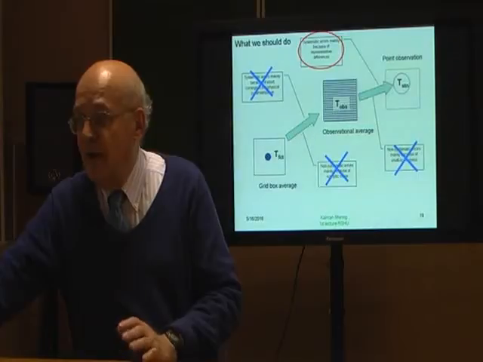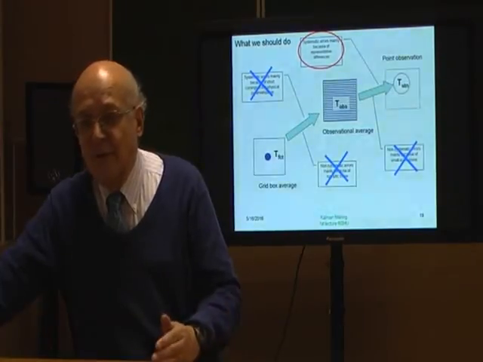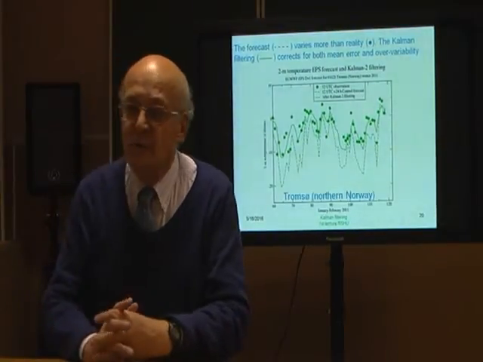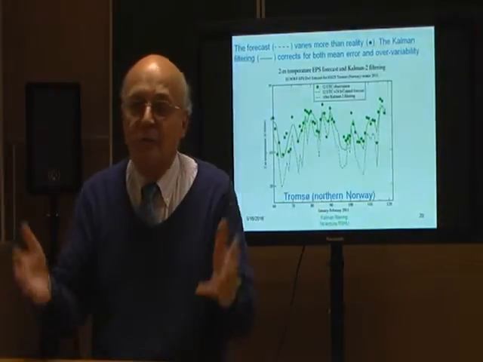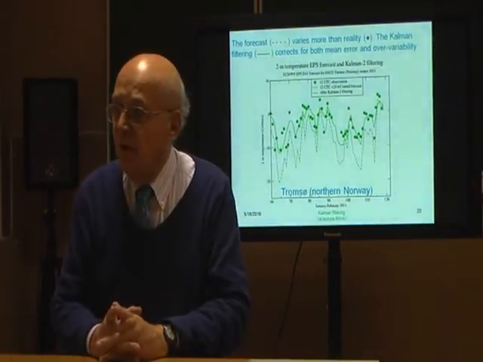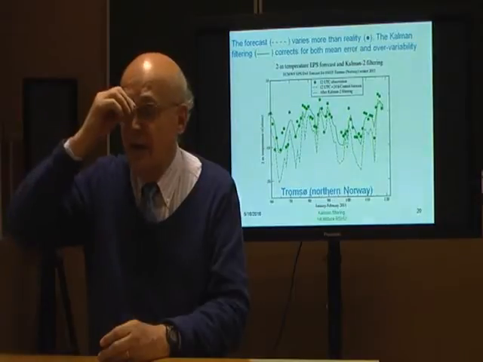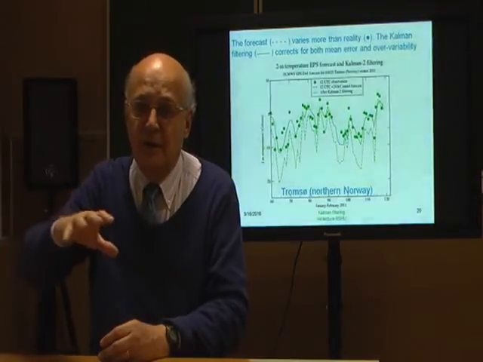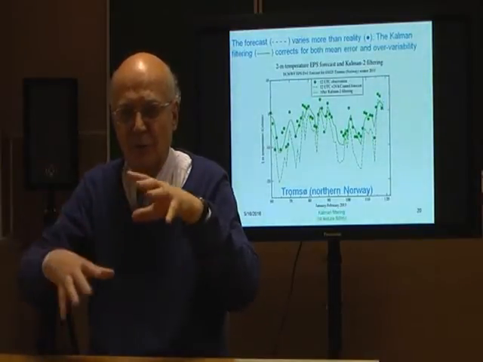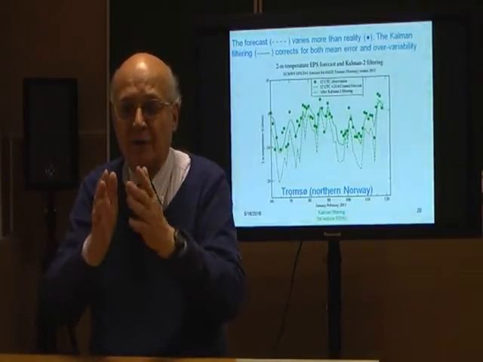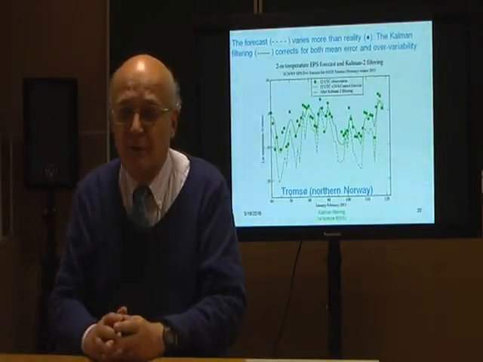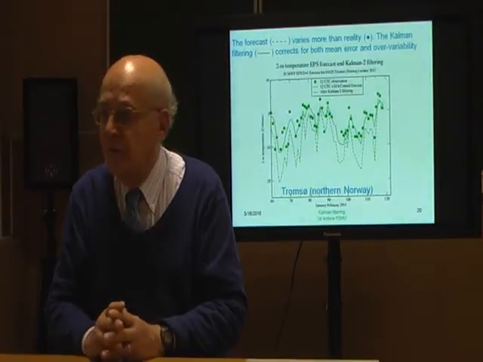And then finally, you have the representativeness effect. Here I have taken a case from northern Norway, where there are a lot of mountains, and the grid points in the model sometimes lie higher than the real observation, because the grid point resolution cannot resolve these narrow valleys that are typical for alpine or North Scandinavian mountains.